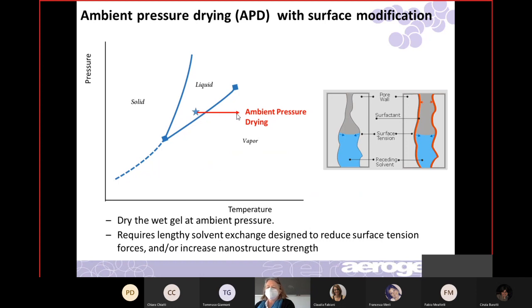So here's that schematic picture of a pore. Solid, there's the pore, there's the solvent that's receding, you're trying to get out of there. We've got our surface tension, but if we coat the walls with a surfactant, it'll lower the surface tension. Under certain conditions, you can lower the surface tension.